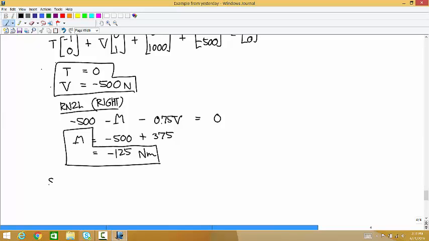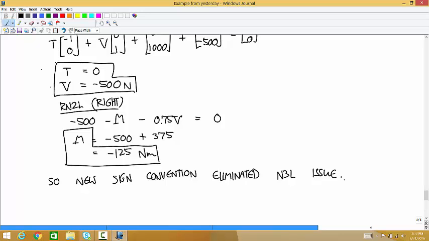Okay, so that new sign convention eliminated that Newton's third law issue. But now you have to remember this sort of arbitrary sign convention.